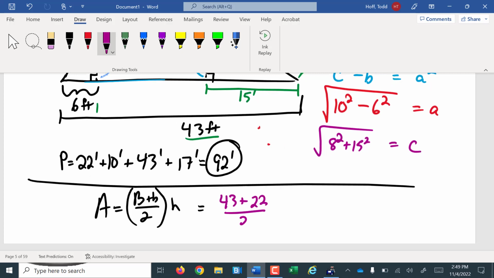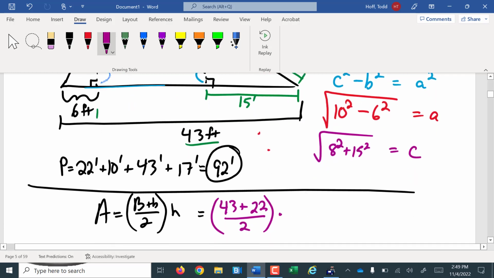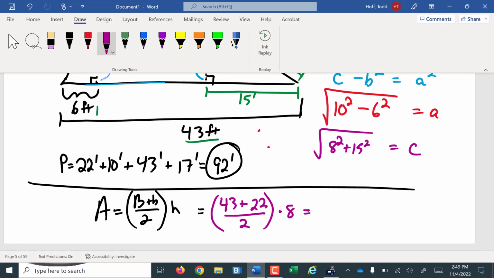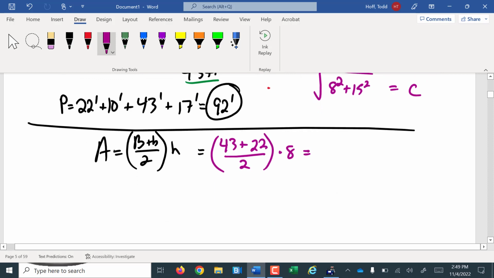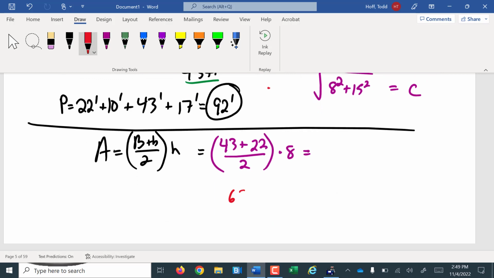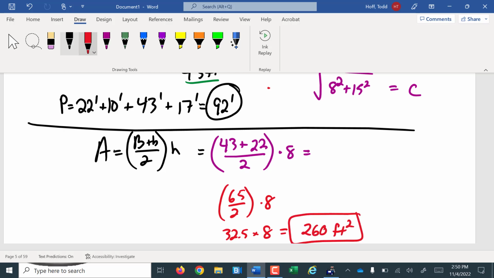We're averaging them together, so we're going to add them together and divide by 2, and then what's the height? The 8. So 43 plus 22 is 65. Divided by 2 is 32.5. Times 8 is 260. Those were in feet, so that is square feet.